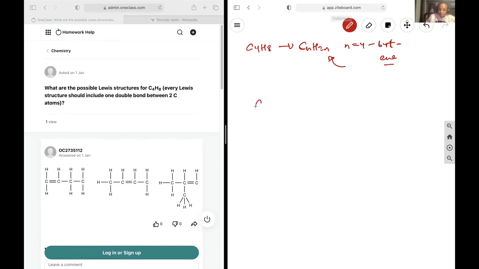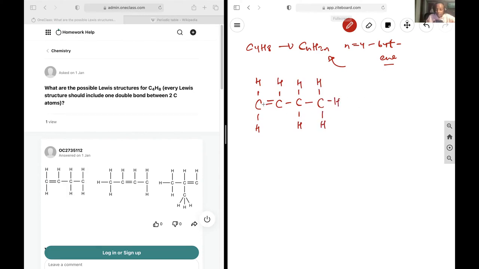So first, let's draw the main structure. And we will have 1 double bond. So let's put it on the furthest side for now. And so this will be able to make 2 more bonds with hydrogen, 1, 2, 3, 1 more bond with hydrogen. This can make 2 more bonds, and this can make 3 more bonds.